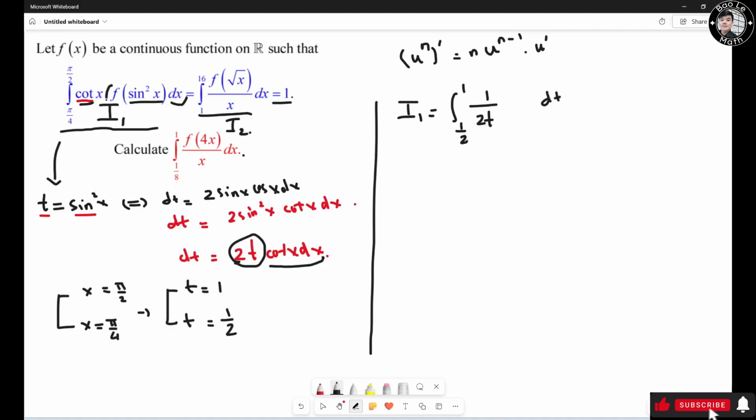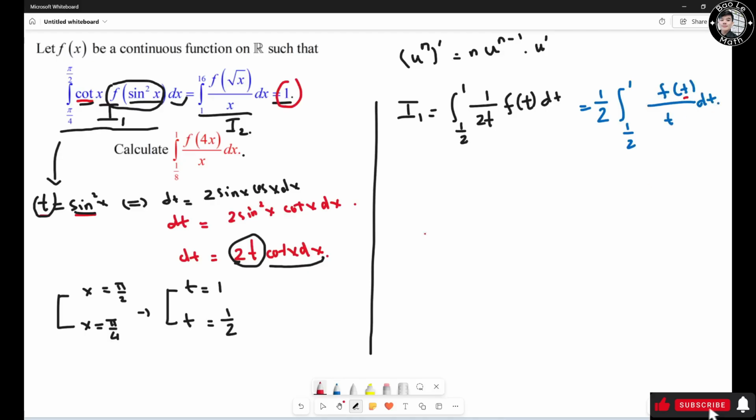Now f of sine square of s is going to be f of t, because t equals that. I bring 1/2 to the front, so it is 1/2 times the integral from 1/2 to 1 of f of t over t dt.